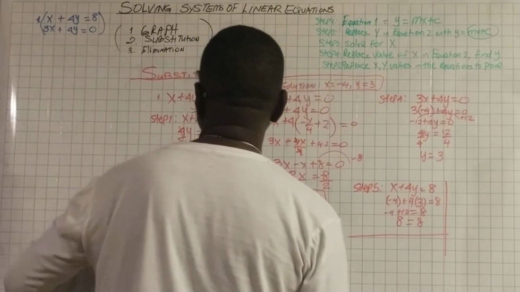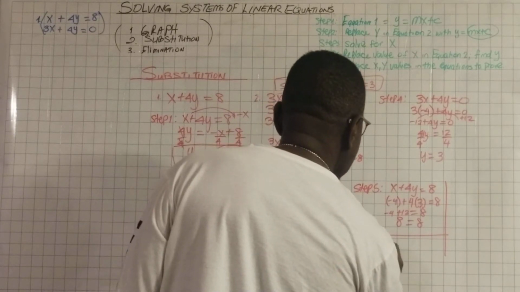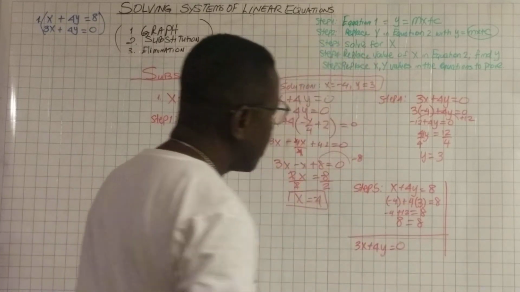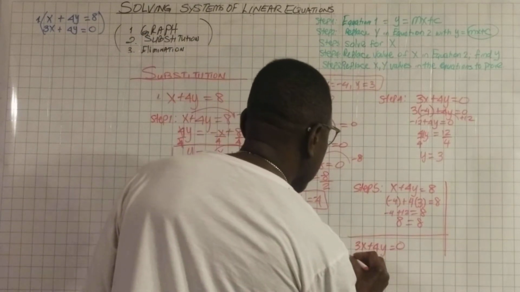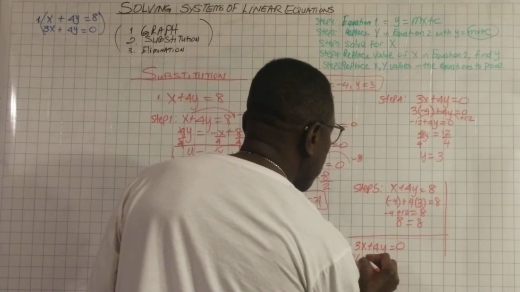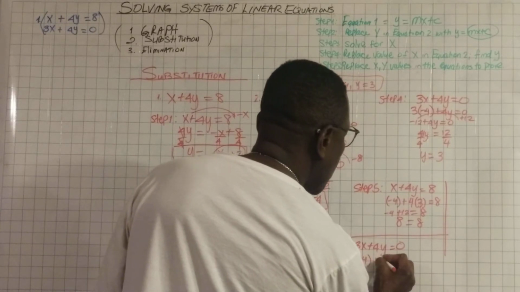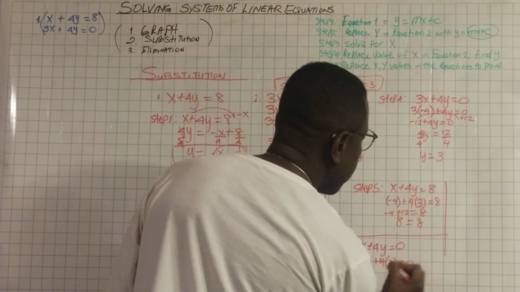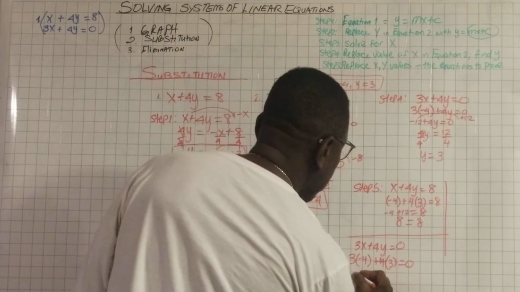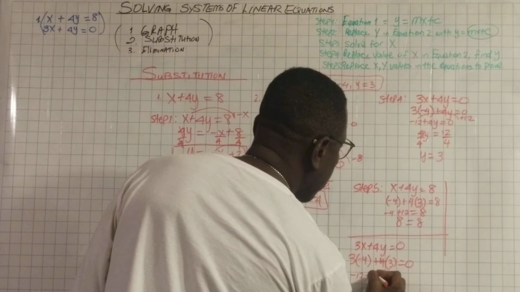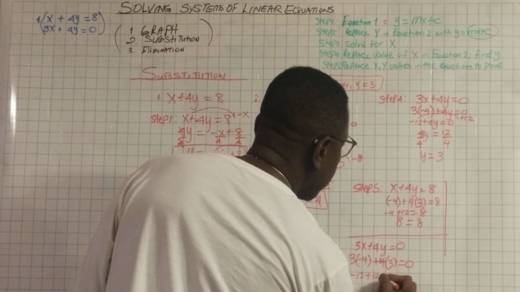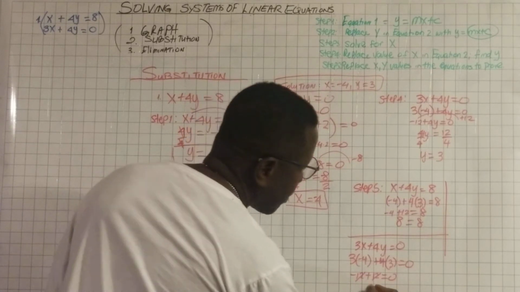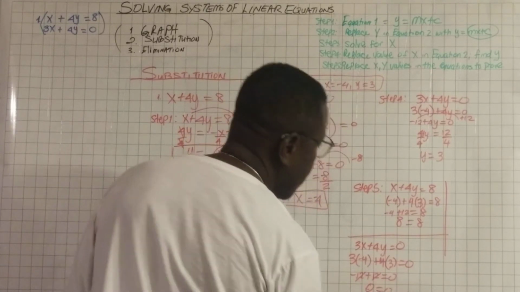We go 3x plus 4y equal to 0. 3 times x, which is minus 4, plus 4 times y, which is 3, is equal to 0. Minus 12 plus 12 is equal to 0. And that is correct. This will cancel that, so you're going to get 0 equal to 0.